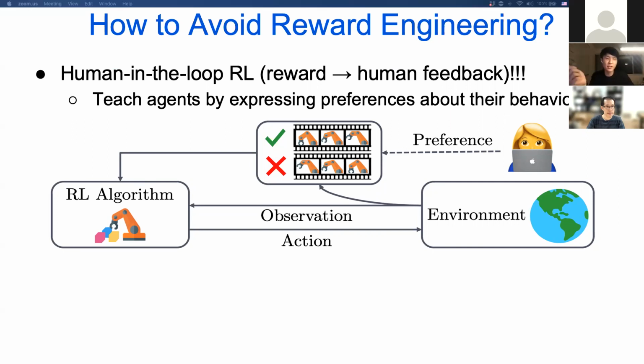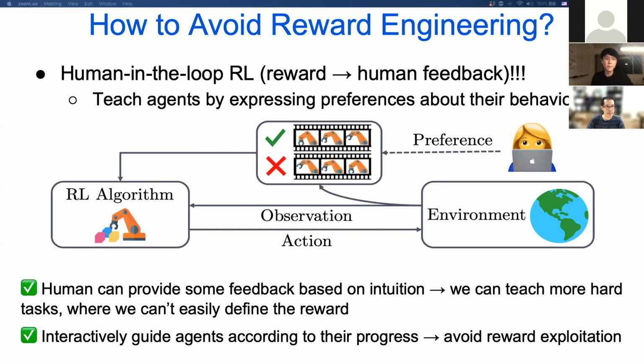So basically, we don't assume that there is a predefined reward which quantifies the progress of our target task. And since humans can provide feedback based on intuition, one can apply RL to harder tasks where we cannot easily define the reward, by using this human-in-the-loop reinforcement learning framework. Also, we can avoid reward exploitation because we can interactively guide the agent according to its progress.